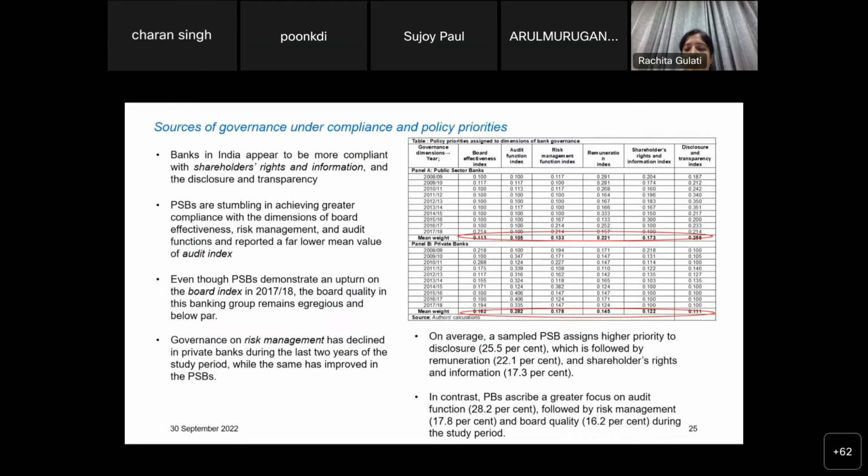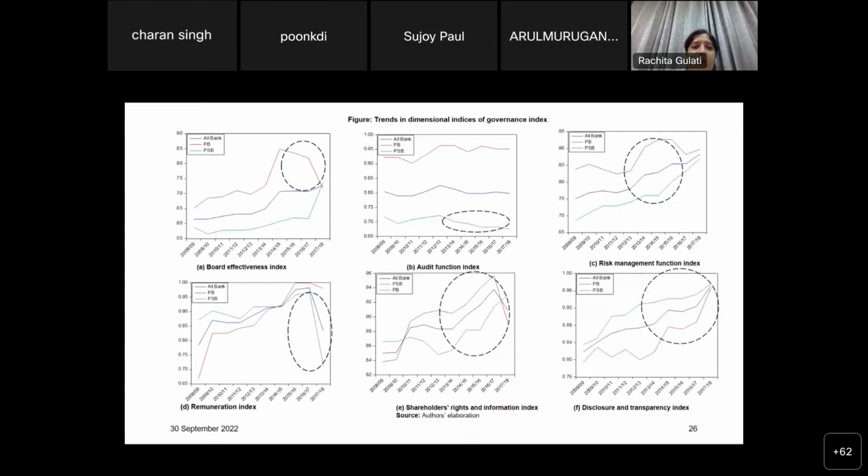Even though the public sector banks have demonstrated an upturn in the board index in 2017-18, the board quality in the public sector banking group remains the major concern and is far below.